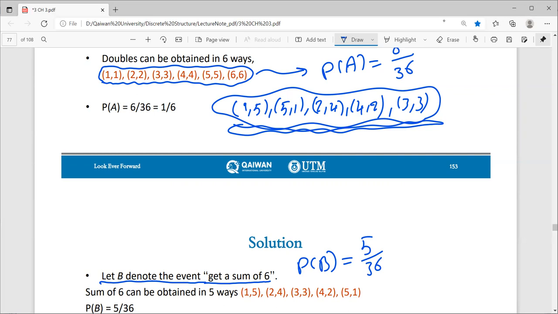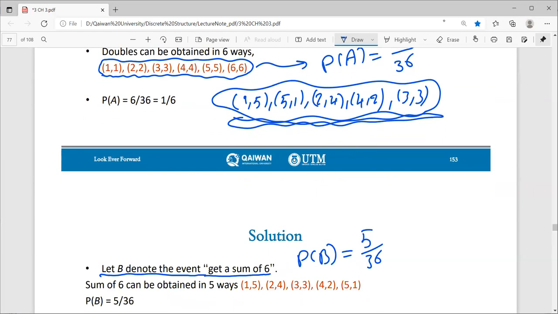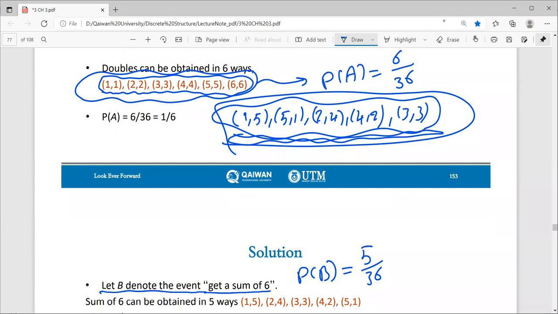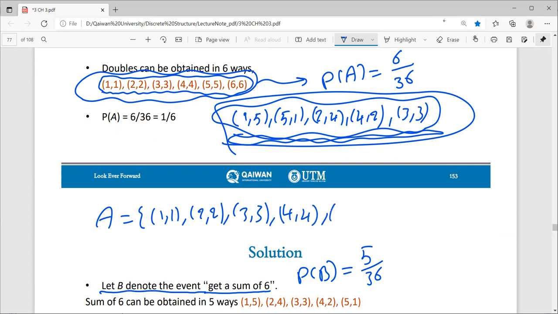Okay, so is there any common between this one and this one? Look, 3, 3 is in both. So you have only one element which is common. Event A equals 1, 1, 2, 2, 3, 3, 4, 4, 5, 5, and 6, 6.